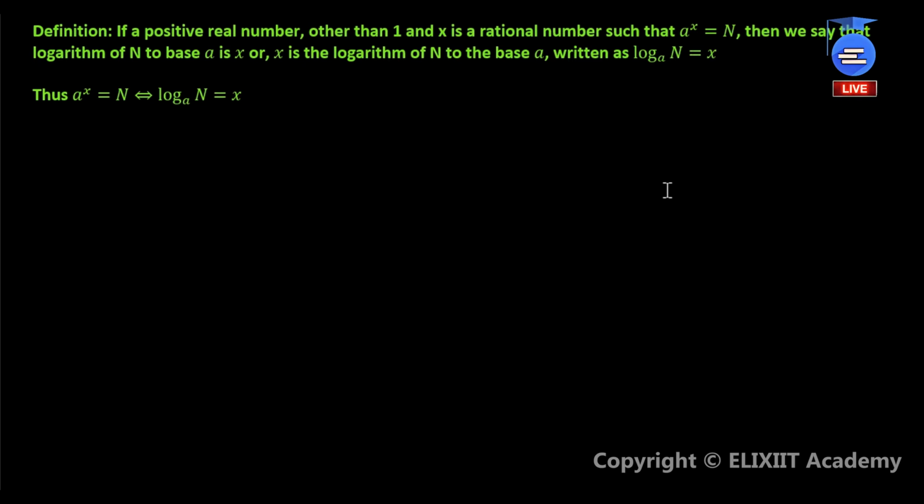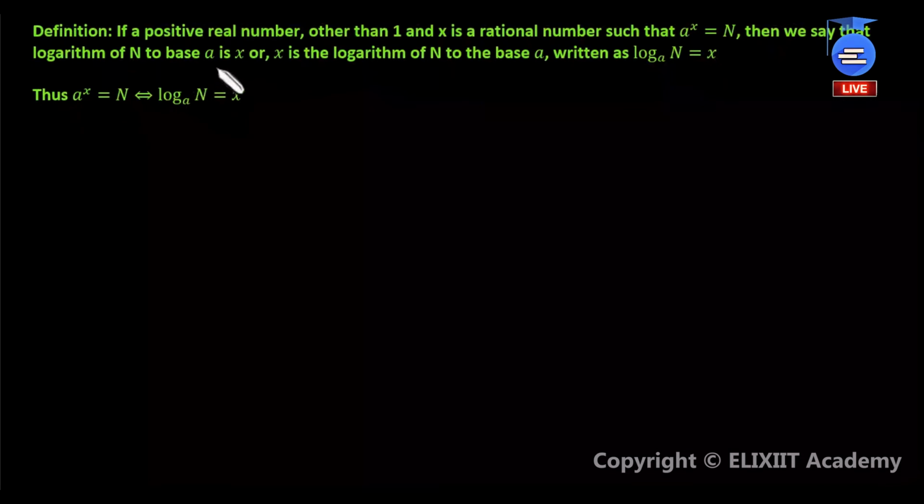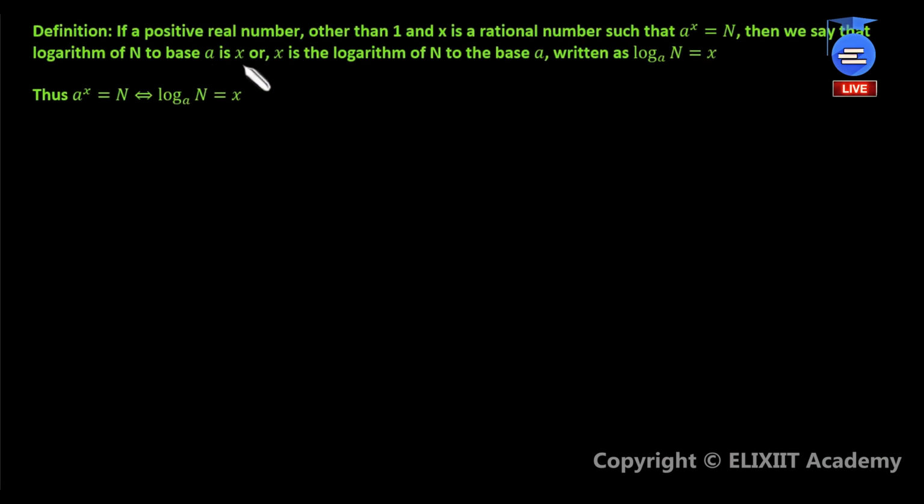So the basic definition says that if a is a positive real number other than 1 and x is a rational number such that a to the power x is equal to n, then we say that the logarithm of n to the base a is x. Or we say x is the logarithm of n to the base a.